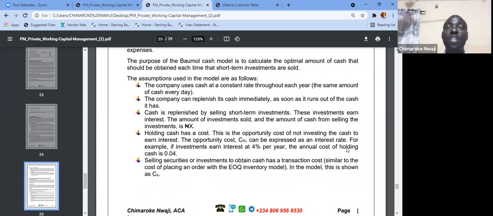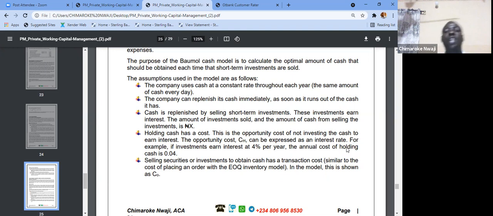Remember, when we did EOQ, inventory was replenished when the inventory level reached zero. The same thing is applicable to cash: as soon as your cash runs out, almost zero, it is replenished.